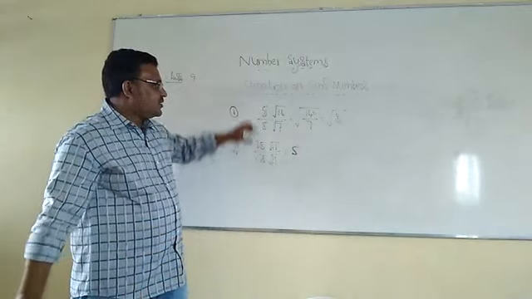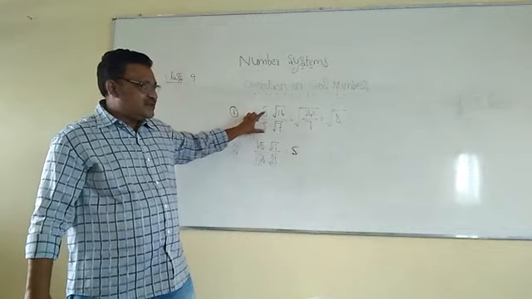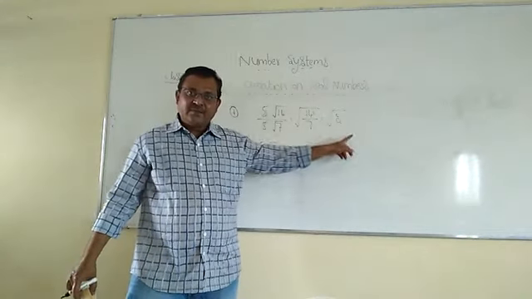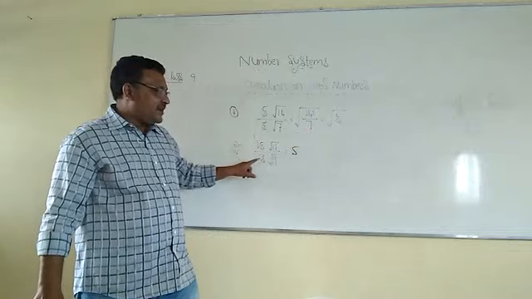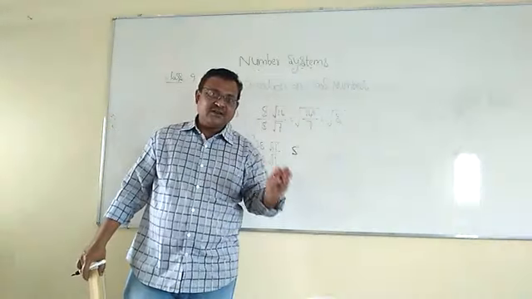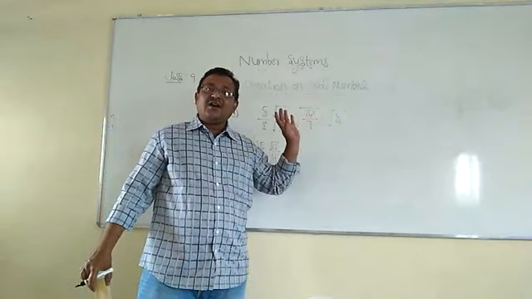So here also I took an irrational number divided by another irrational number. Result I am getting irrational number. And here I have taken an irrational number, here another irrational number. Result I am getting here rational. So here also we cannot say the result will be irrational only or rational only.